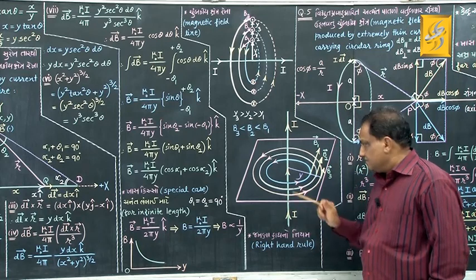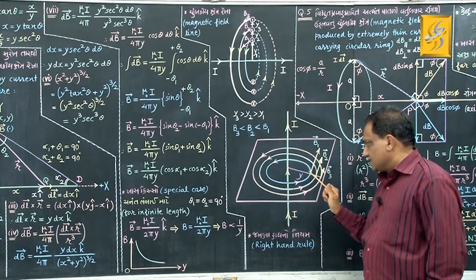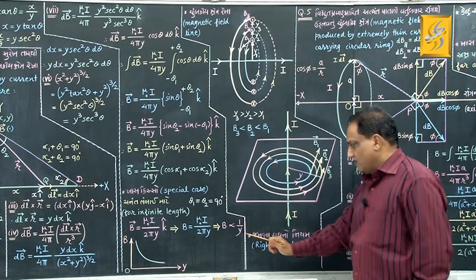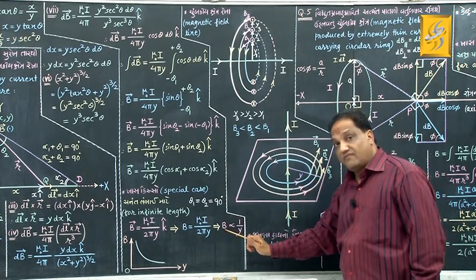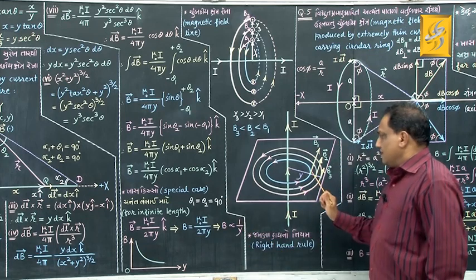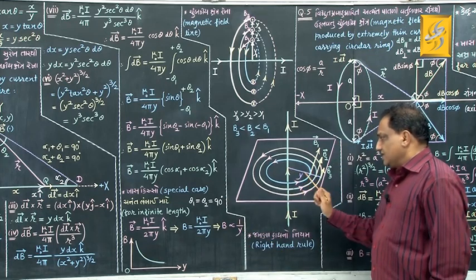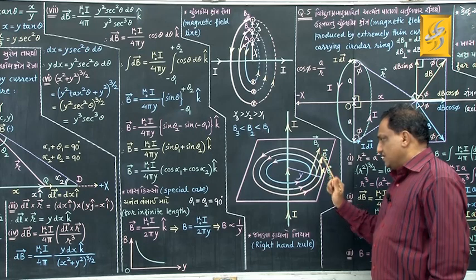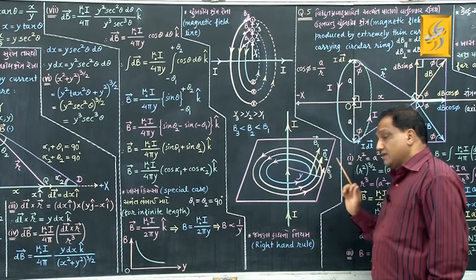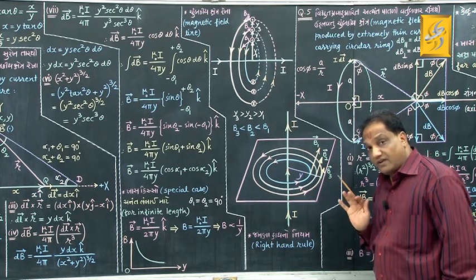Here also you can see the perpendicular distance is y, and when the value of y is increased, the corresponding magnetic field will decrease. That's why as I am increasing the distance y, the length of this tangent I am showing lesser and lesser, just to indicate the decrease in magnetic field.